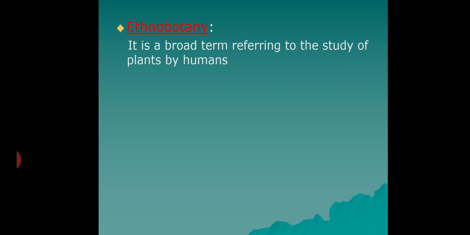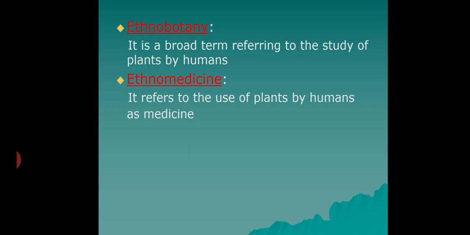What is ethnobotany? It is a broad term referring to the study of plants by humans. What is ethnomedicine? It refers to the use of plants by humans as medicine.